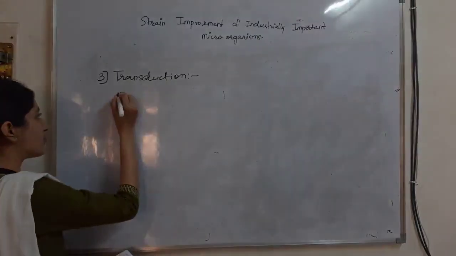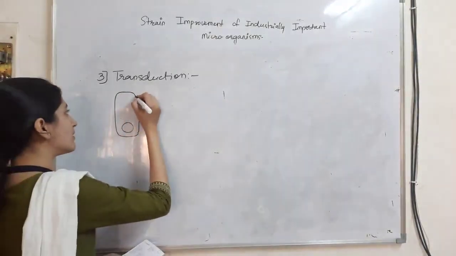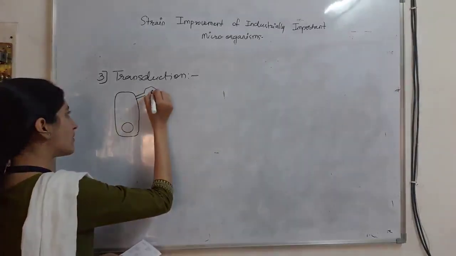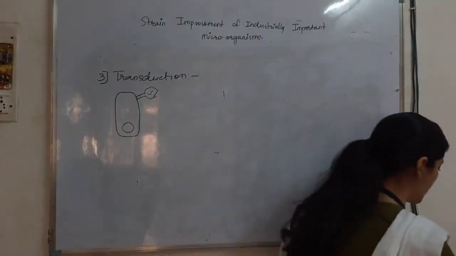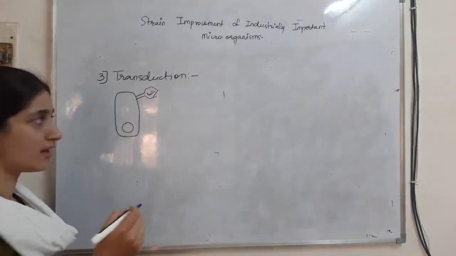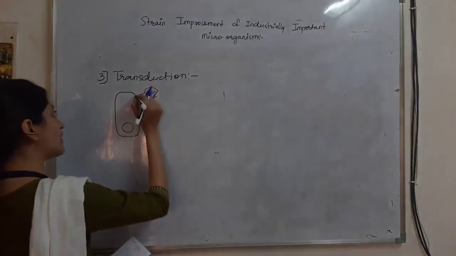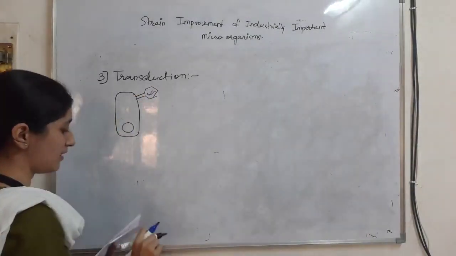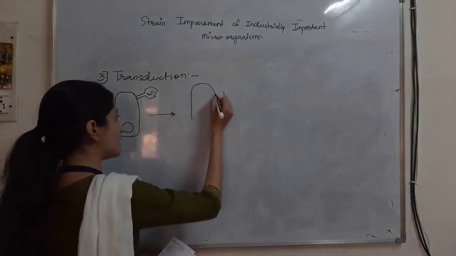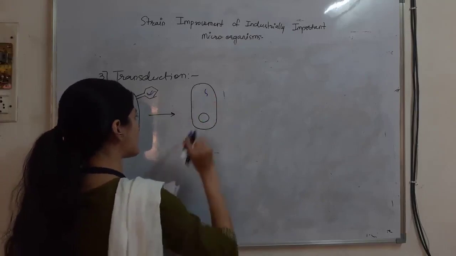virus, what happens is a bacteria, for example, a virus, a bacteriophage which has this blue DNA, is going to attach onto the surface of the bacterial cell, and for its replication it is going to insert its genetic material inside the host cell.